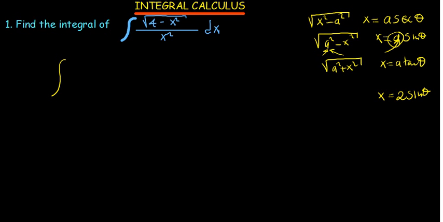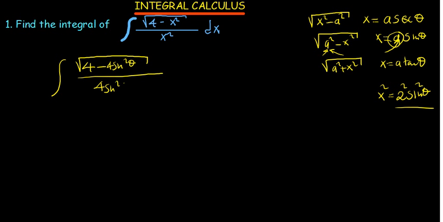Now that we have got this, since we are talking of x squared, we are going to square it. So this is also going to be 2 squared, this will be sin squared. So this is what I'm going to go on and substitute. That is going to be the root of 4 minus, where there is x, I'm going to put x squared. In this case, 2 squared is a 4, and then sin squared theta, divided by, I've got x squared down, which is 4 sin squared theta.